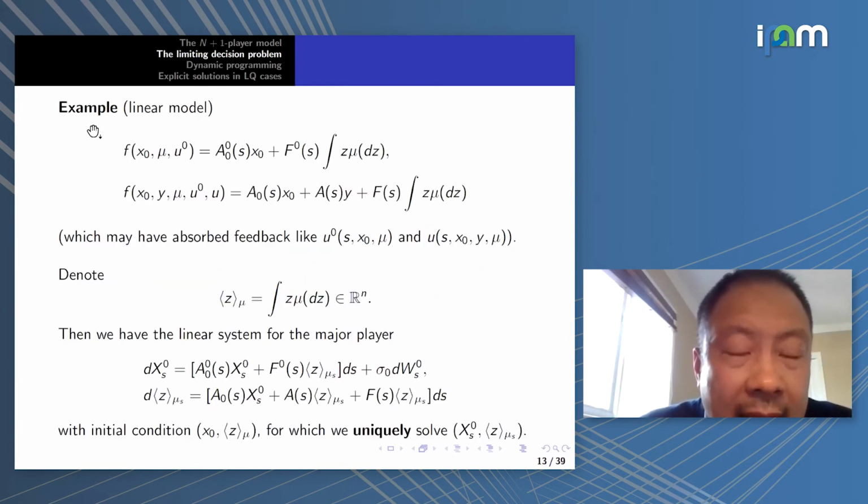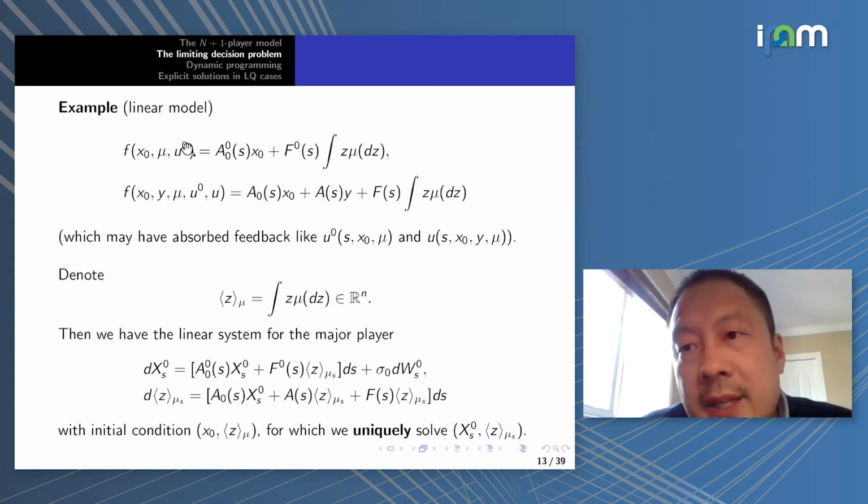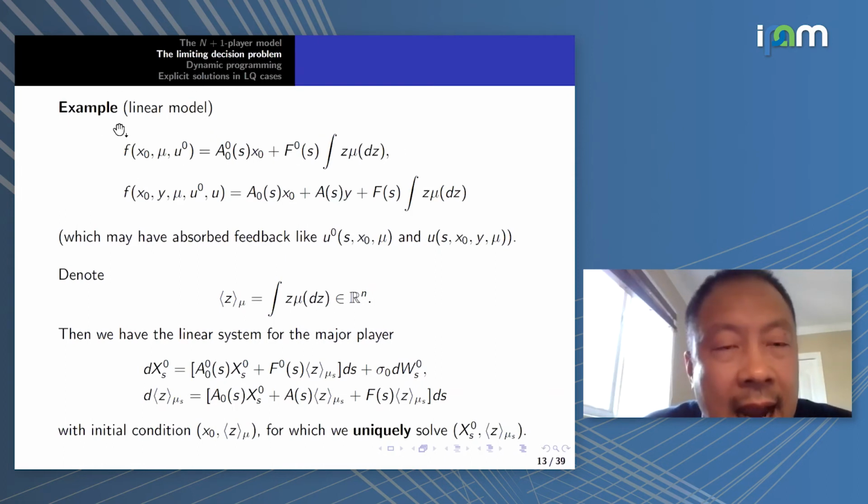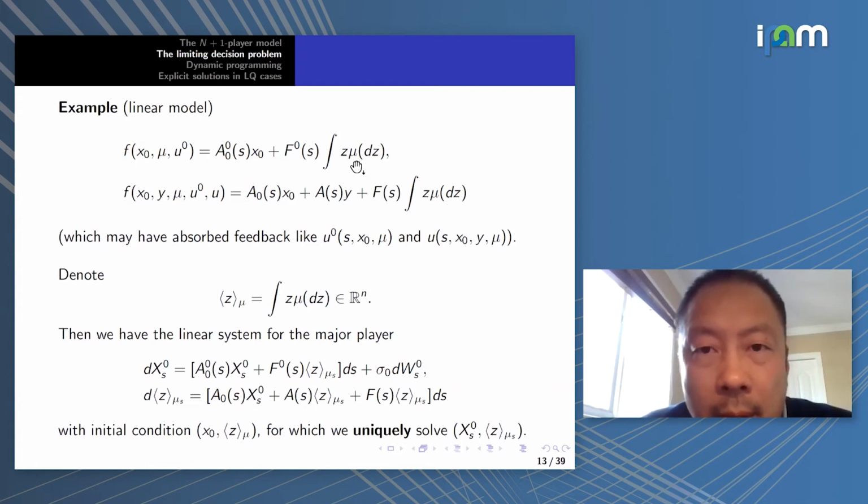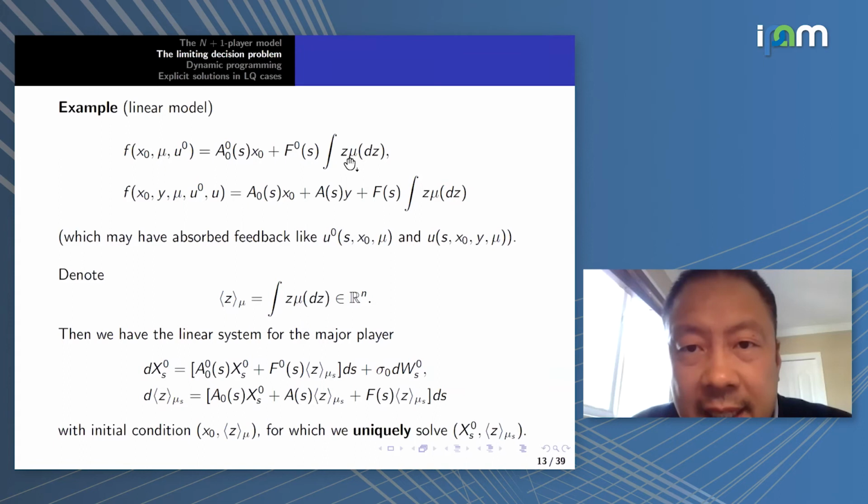Let me give another example to illustrate how this kind of modeling works. We consider a linear model. So the drift of the major player is given in this form. It has its own state for the major player, and the second term is actually the mean determined by the measure mu.